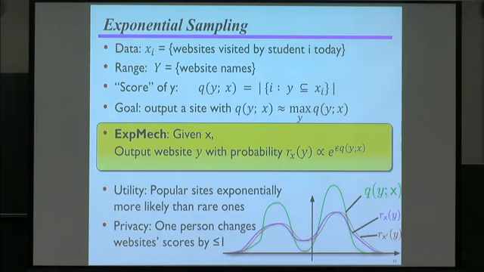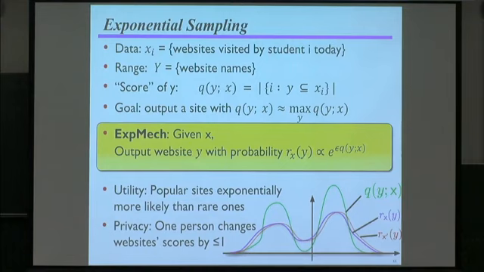It turns out the following mechanism does well, and we'll be able to analyze it more or less completely. Given my data set, I'm going to compute the score for each of my websites, and I'm going to get a probability distribution on website names in the following way. I'm going to assign website Y probability proportional to e to the epsilon times the number of students who visited the website.